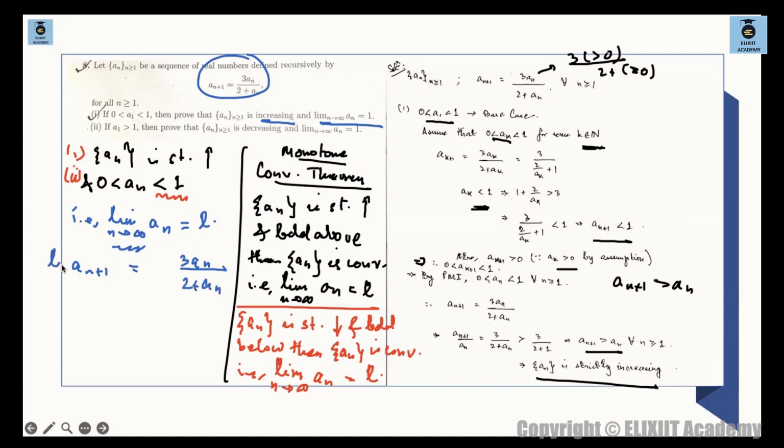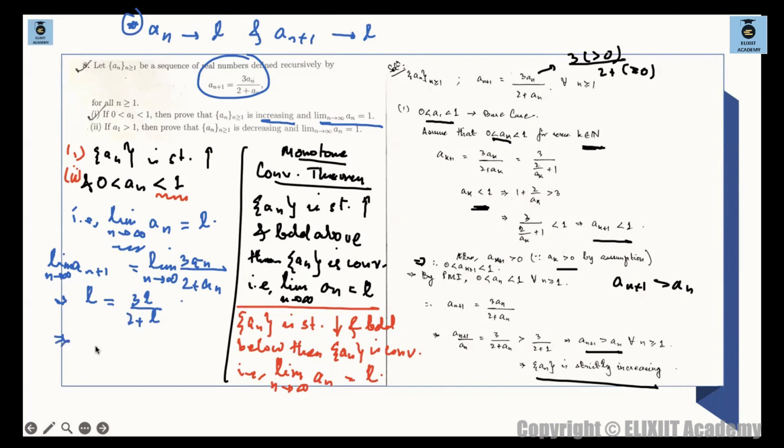Once I take the limit as n tends to infinity on both sides, the left hand side will also tend to L. This is one more point you can write down. And on the right we are having 3L divided by 2 plus L, since you distribute the limit. Then solve for L from here.